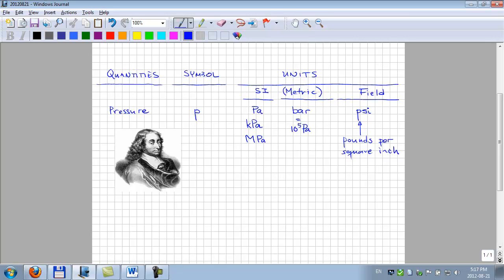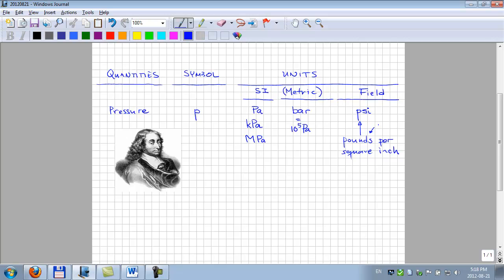And the pound is a term that has two meanings. You have a pound mass, like a gram mass, and then you have what's called a pound force. It's very nasty, confusing, and really I don't want to go there right now. But for your sake, the pound in pound per square inch is the pound force, because pressure is force per area.